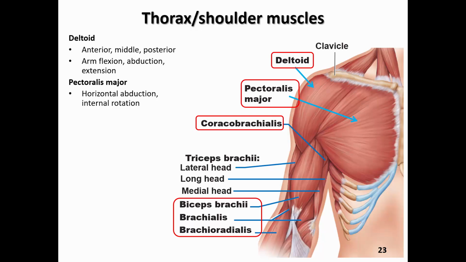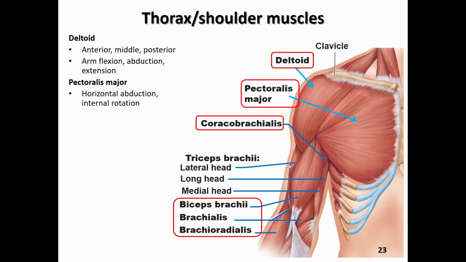The pectoralis major inserts onto the humerus, and you can see it has a relatively broad origin along the clavicle and the sternum and down into the costal cartilage of the first rib. When this muscle contracts, it has the action of horizontally adducting the arm.